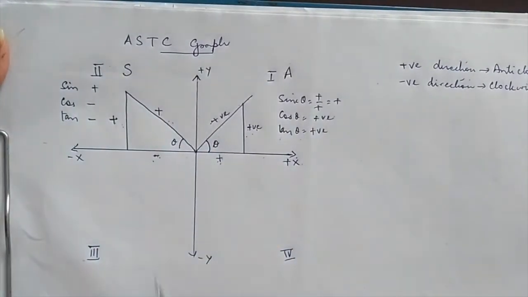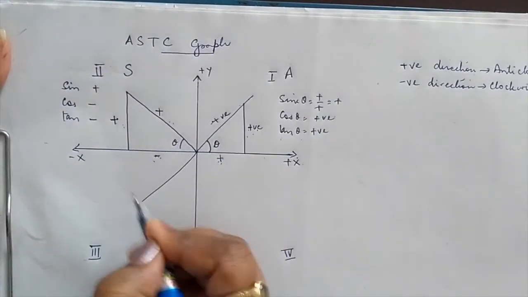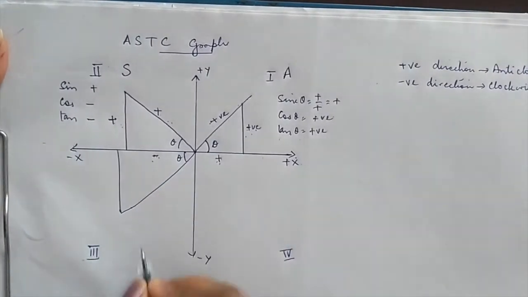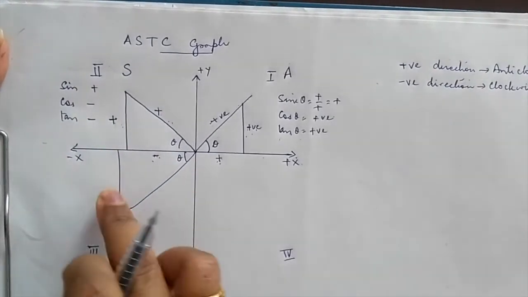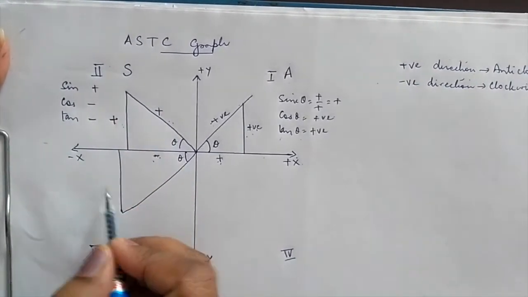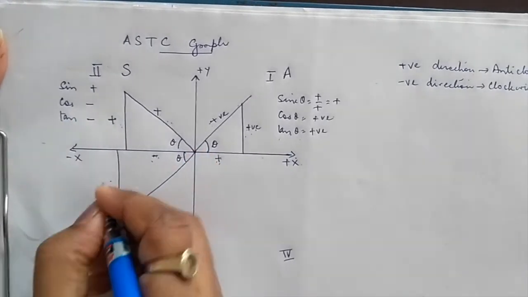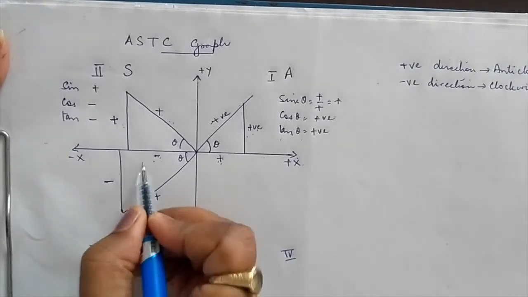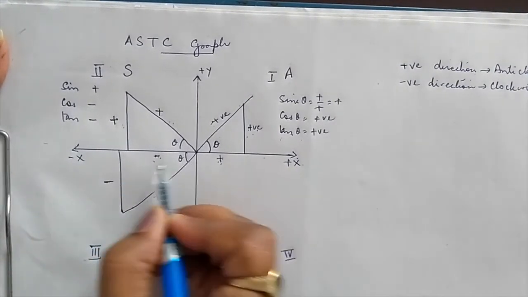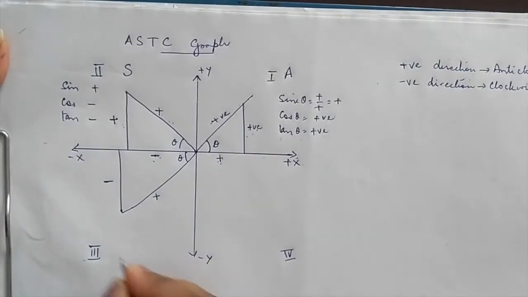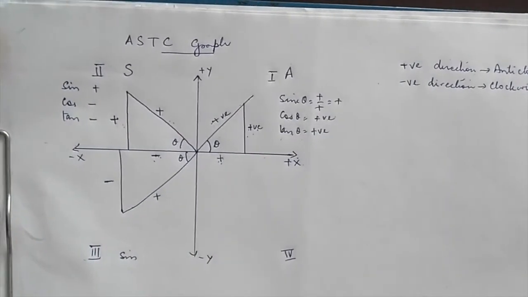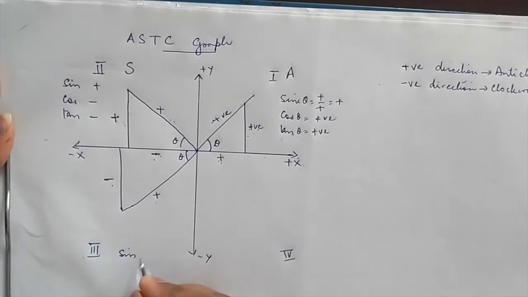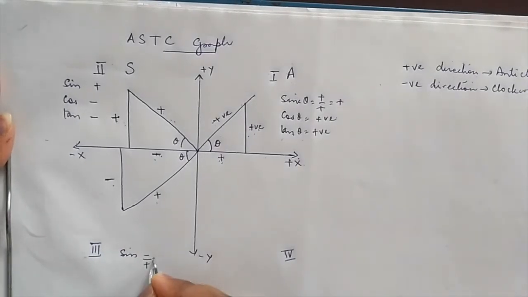Now coming on to the third quadrant. I'm taking this theta. Now this will be P and this will be my B. P is a part of the negative y, so this is negative, and the hypotenuse as usual is positive. Base is on the negative x-axis, so negative here. Now sine is P by h, so negative upon positive will give me negative.